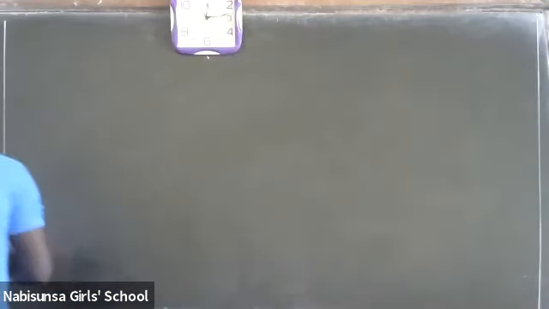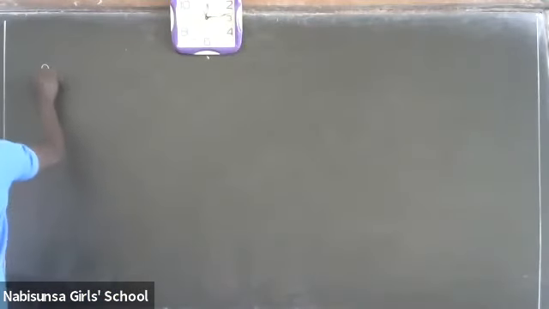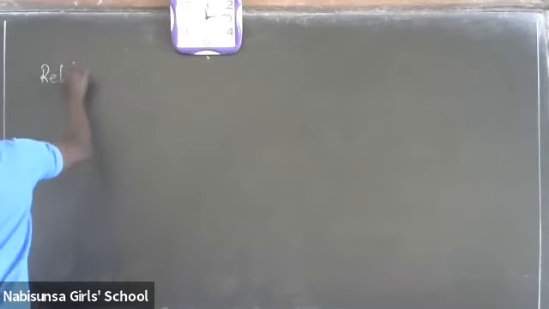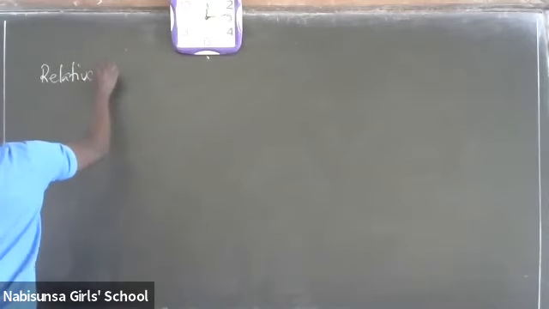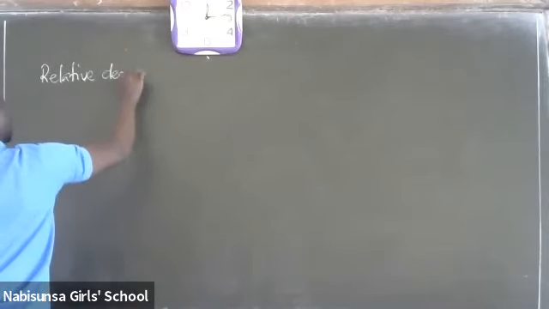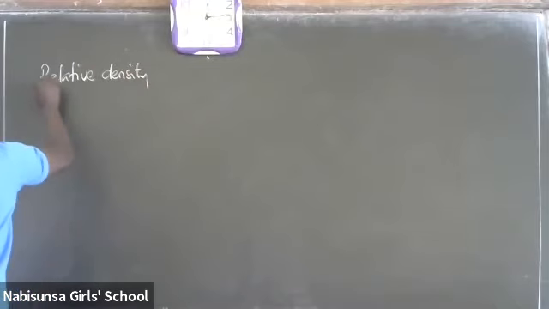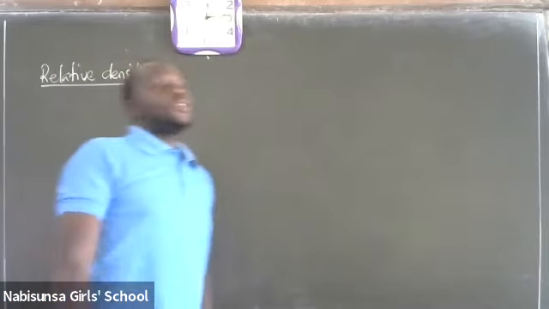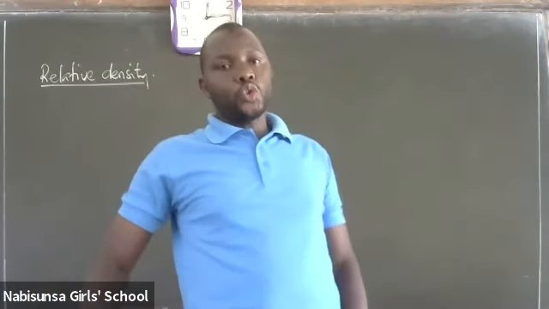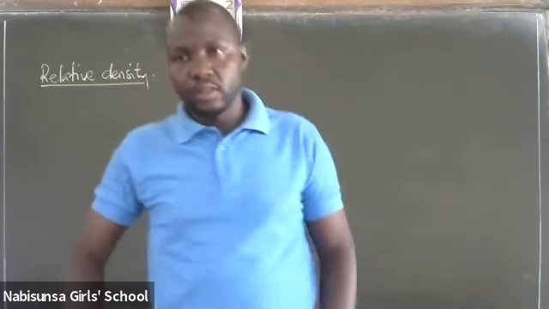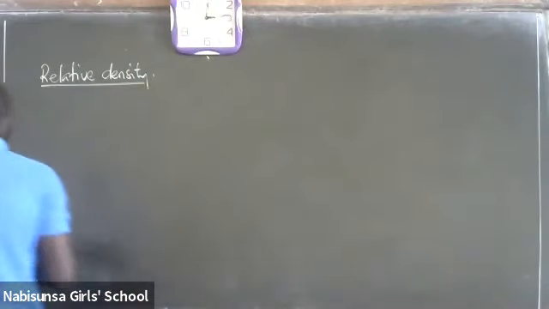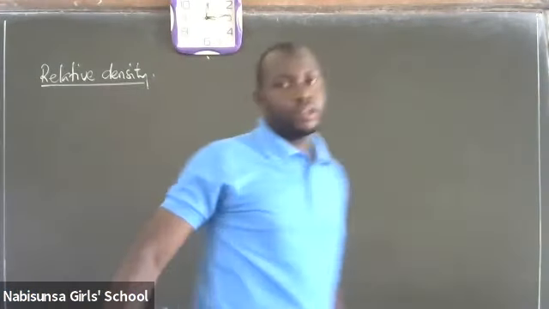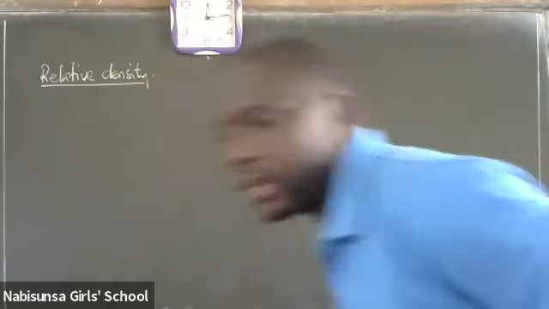What we call relative density. Now, relative density has two definitions. But the first definition is, anyone with an idea what relative density is before I put mine?